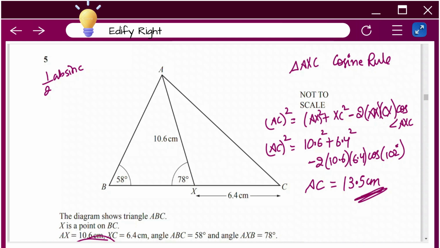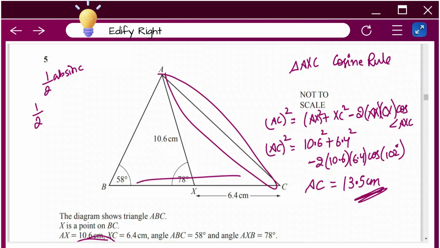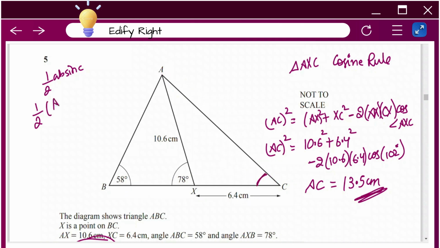Now let's talk about ABC. Here the area of triangle ABC is half into this side multiplied by this side and the angle between these two sides. So I can just write it as half AC into BC into sine C.